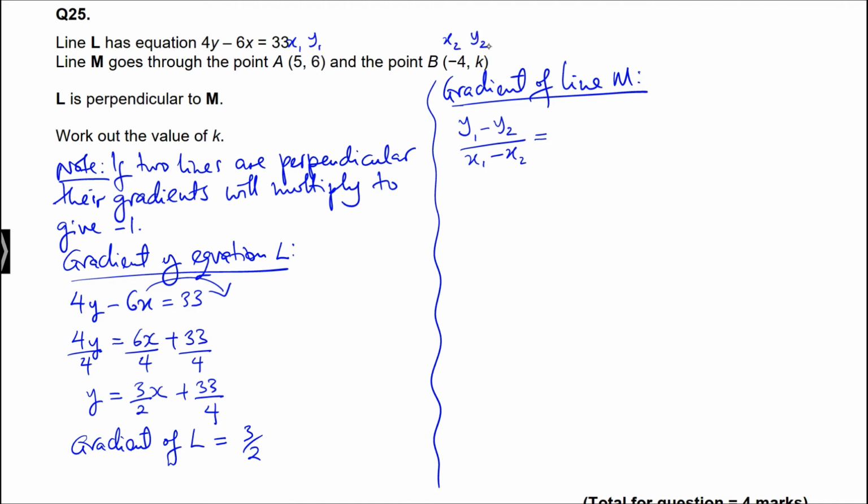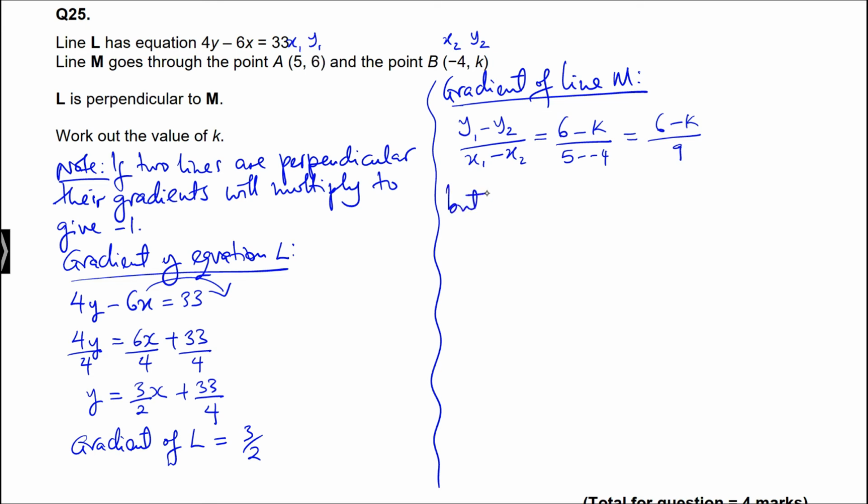If you plug them into this formula, the gradient will be 6 minus k over 5 minus -4. So that will be 6 minus k over 9. So the gradient of line M will be equal to 6 minus k over 9.